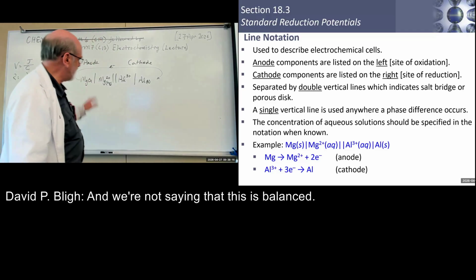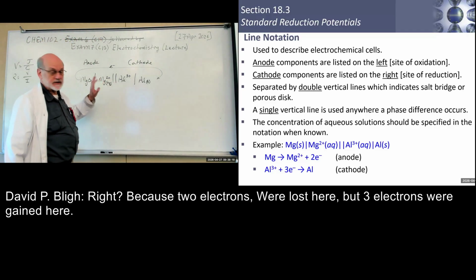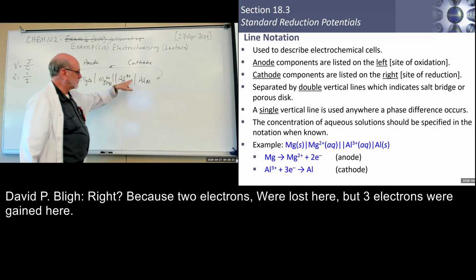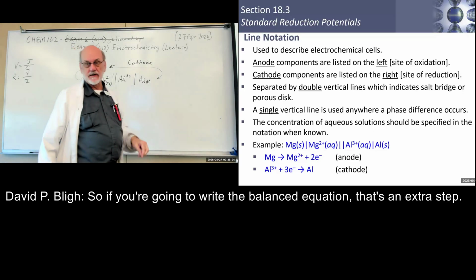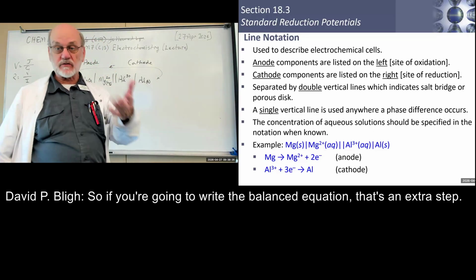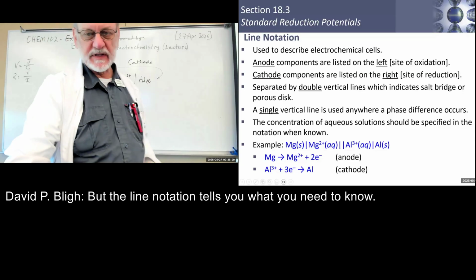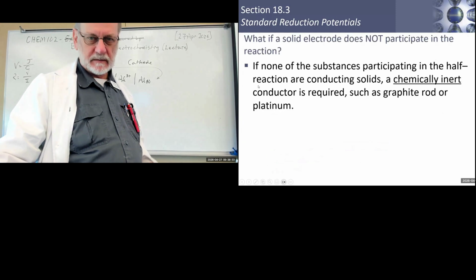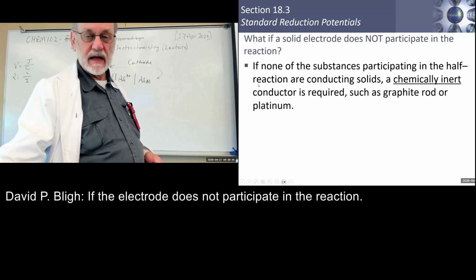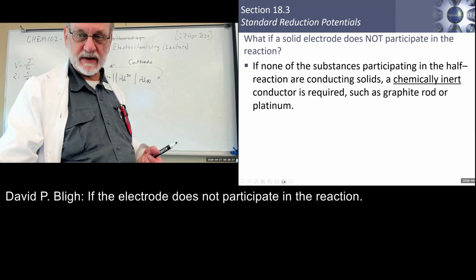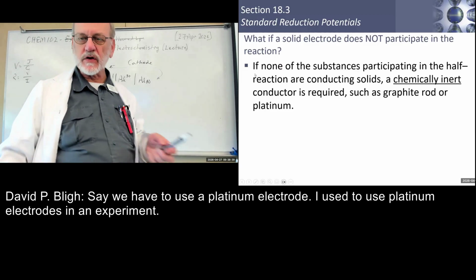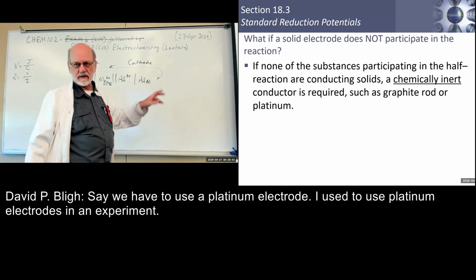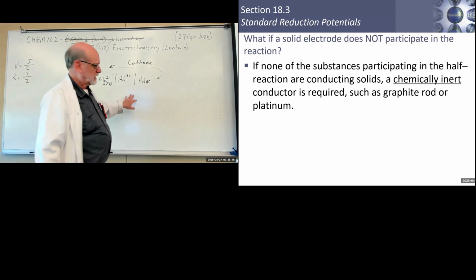And we're not saying that this is balanced, because 2 electrons were lost here, but 3 electrons were gained here. So if you're going to write the balanced equation, that's an extra step. But the line notation tells you what you need to know. If the electrode does not participate in the reaction, say we have to use a platinum electrode. I used to use platinum electrodes in an experiment.